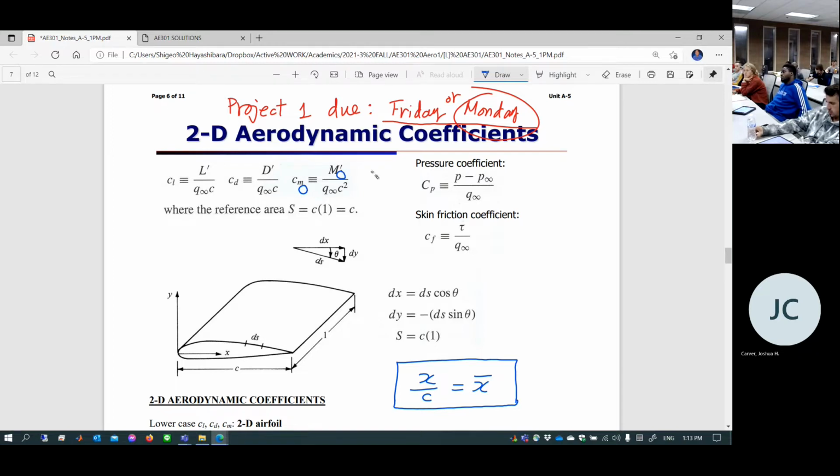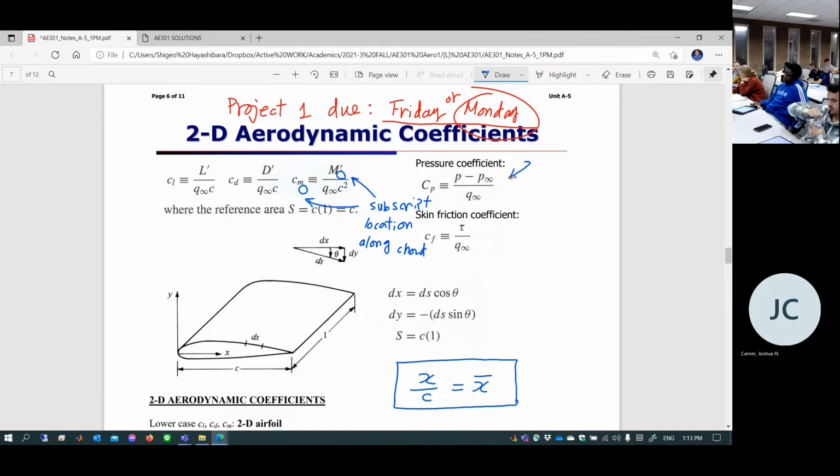So you need to always have a subscript, the location along the chord.